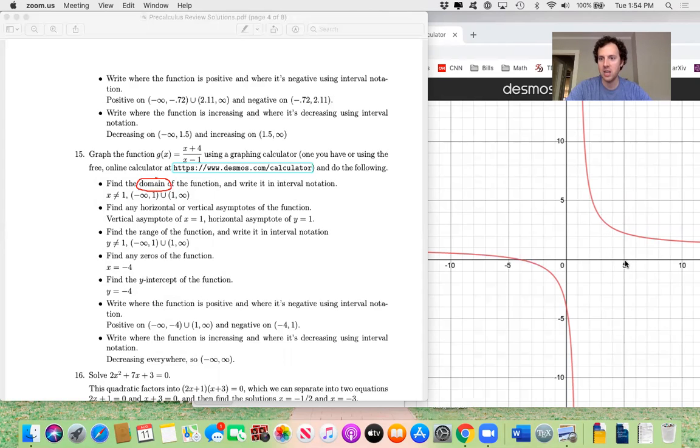So 5 right here, you can go up and hit the graph. So 5 is in the domain. -1, you can go down and hit the graph. So -1 is in the domain. So you're looking for any x's for which you can't find a point on the graph with that x.